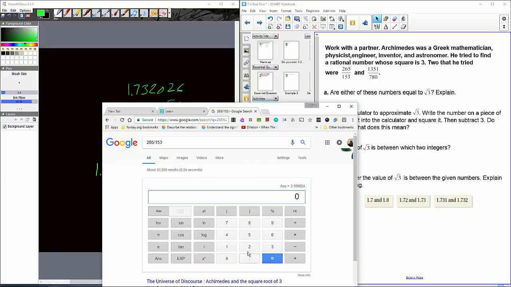Let's take the upper end here, 1.73, and let's square it. And it's not big enough yet, right? So then let's try the last one, 1.8 squared, and that one finally is a little too big. So between all these things, this is the one that it's in between. These two aren't large enough.